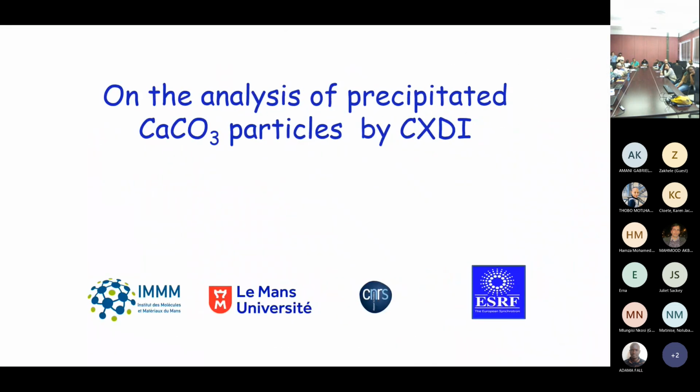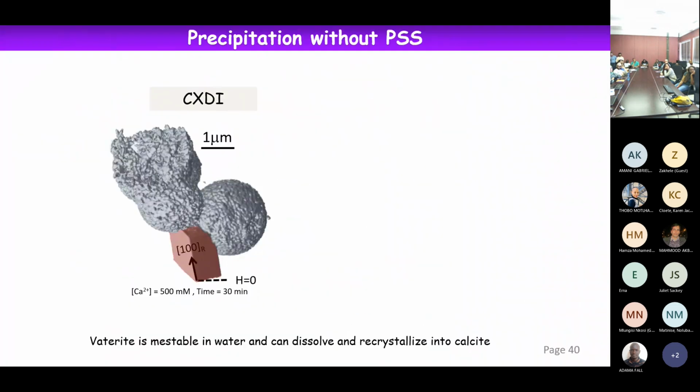So what I want to show you now is what we have been doing on precipitated calcium carbonate particles by coherent diffraction imaging. If you do an experiment like this one without polystyrene sulfonate, usually what you will get is vaterite. And if you leave this as a function of time, the vaterite is going to transform into calcite.